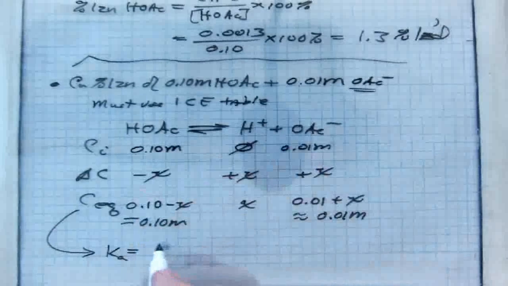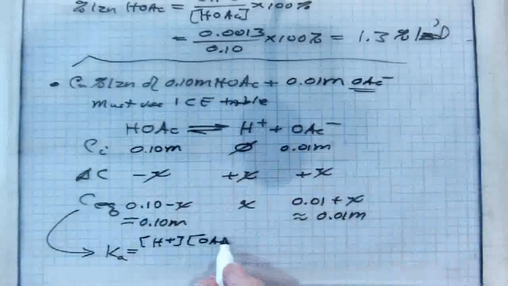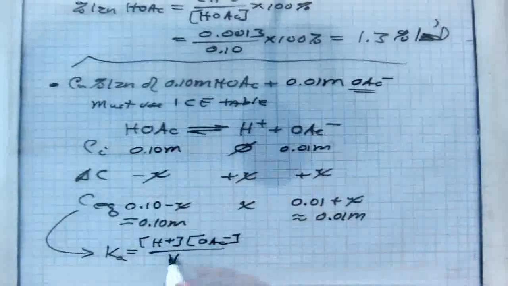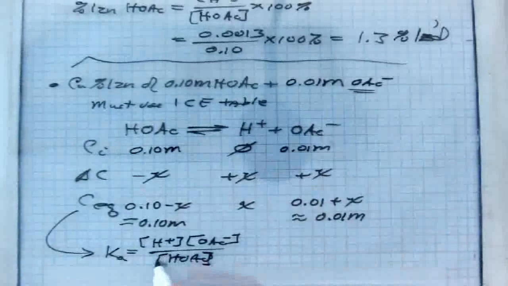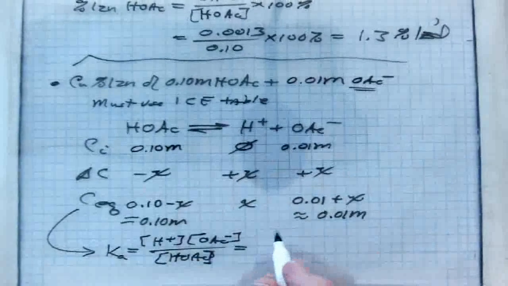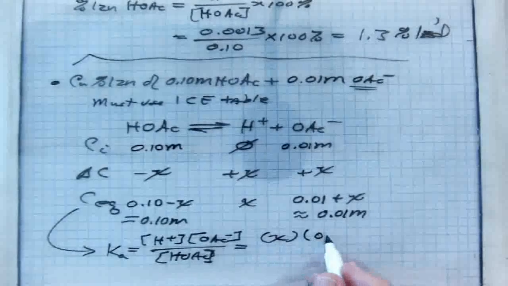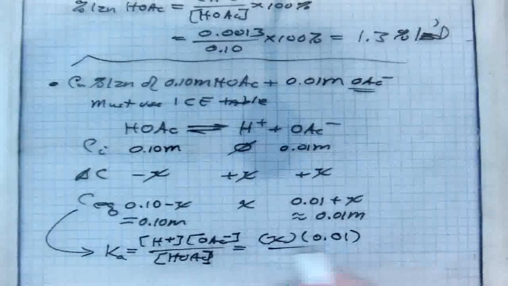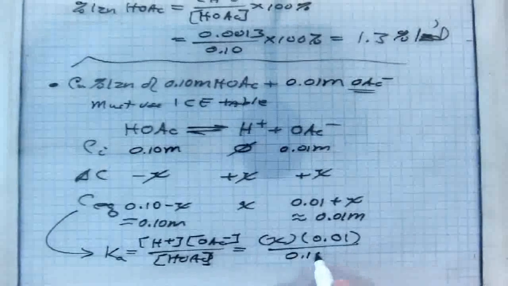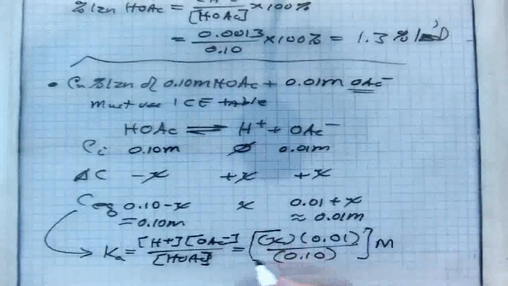Comes out in moles per liter. And just to be sure, I'm not assuming anything, and so this gives me a 1.8 times 10 to the minus 4 molar in hydronium ions.